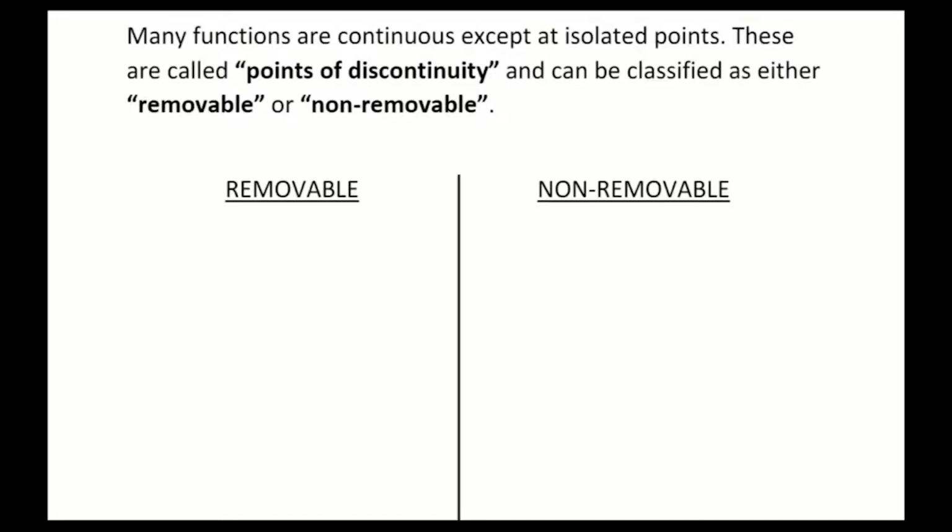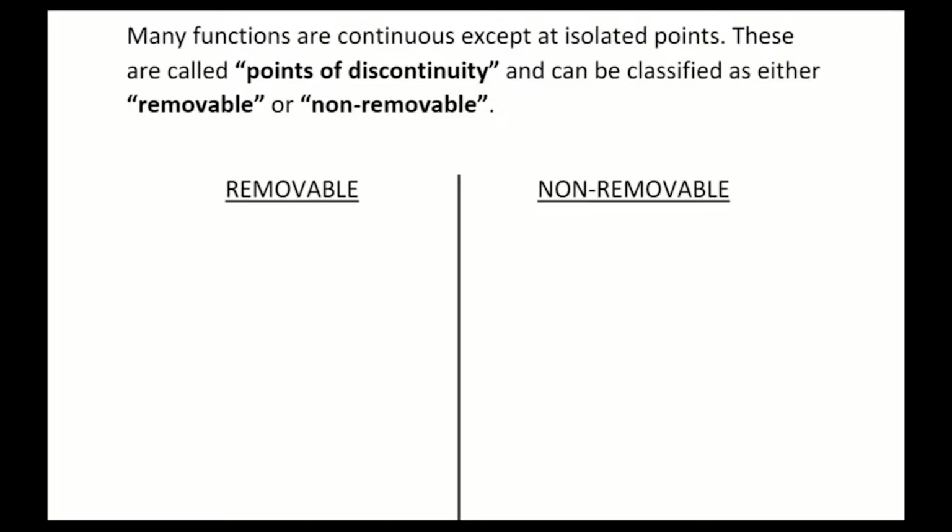So we've seen lots of different functions this year, particularly when we looked at piecewise functions that had these points of discontinuity. Now, there are different ways that a function can be discontinuous. For instance, you could have a hole, like in that example I gave previously, or you could have something like a vertical asymptote, which is also a point of discontinuity.